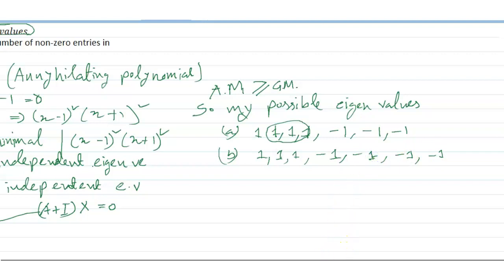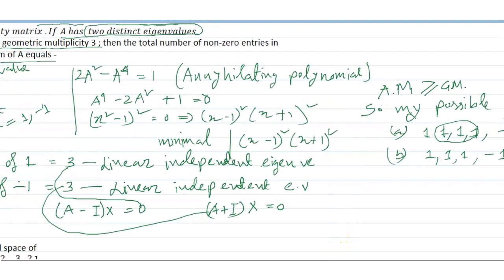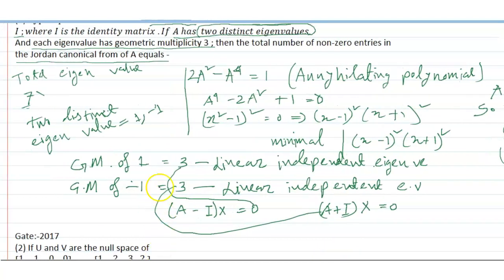How is this the possibility? Because 3 is the geometric multiplicity, my algebraic multiplicity is always equal to the geometric multiplicity, otherwise it is greater.